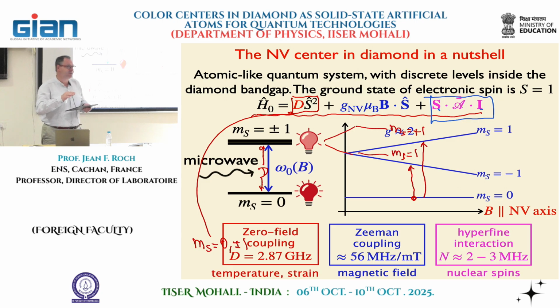Okay, so all this is the program of today: to understand the level structure step by step, and after that to describe how we can polarize the system optically into that state, how we can discriminate those two states, and how we can drive them using magnetic resonance techniques.